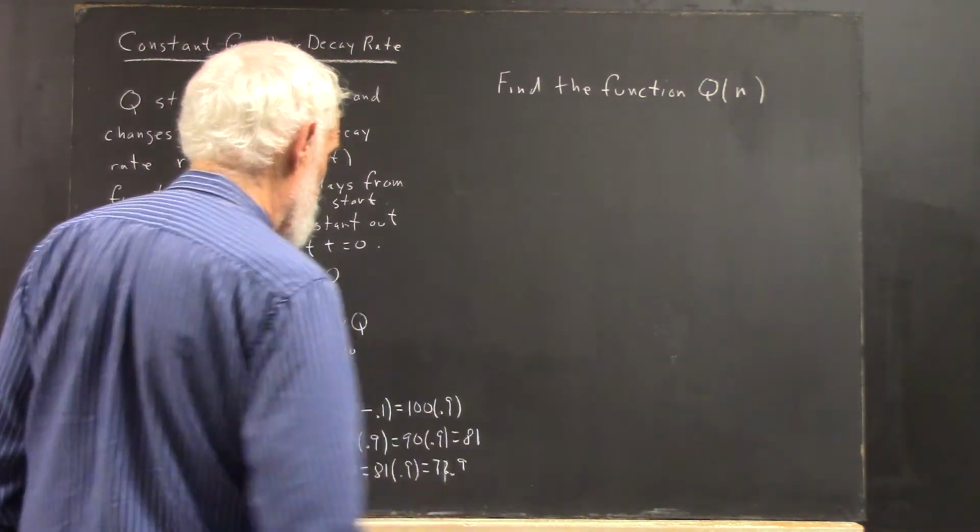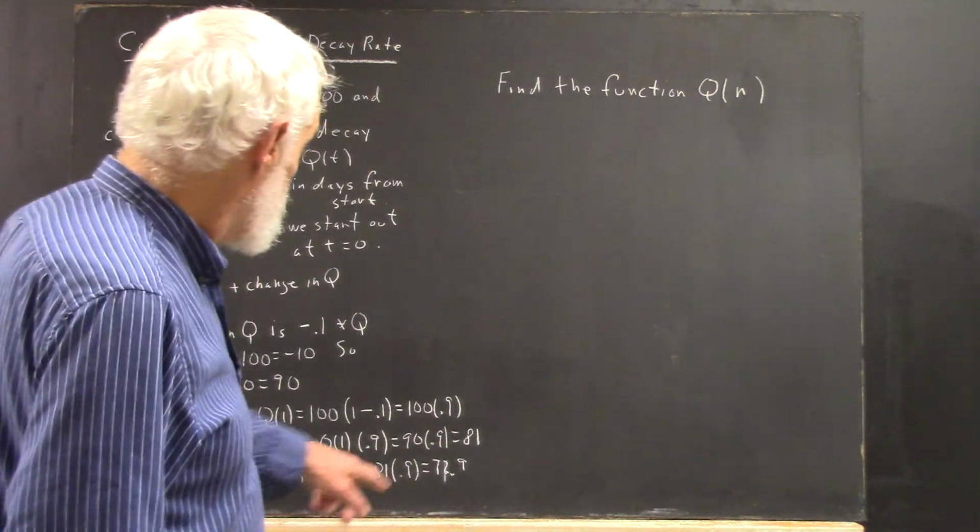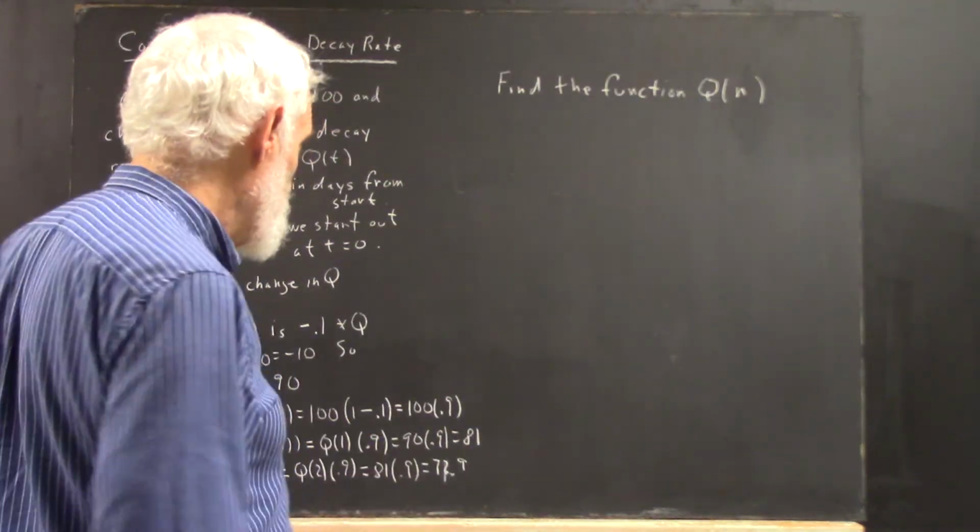Cube of 9 is 729. Okay, so there we have it.